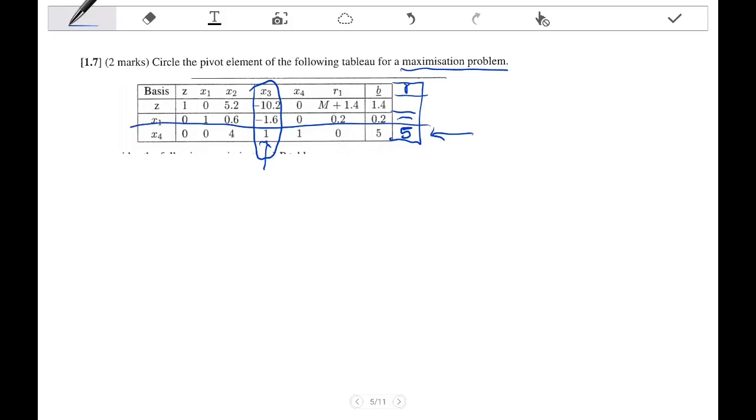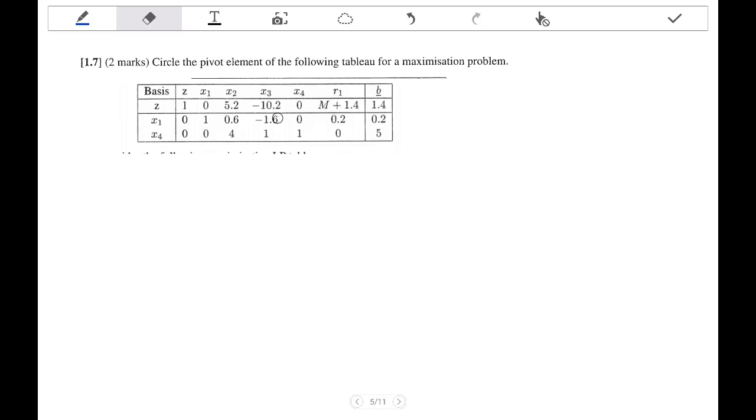Then you look where these two things meet, the pivot column and the pivot row. They meet here, and then circle this number, and that number is your pivot element. Since they just said you have to circle that pivot element, just circle this.